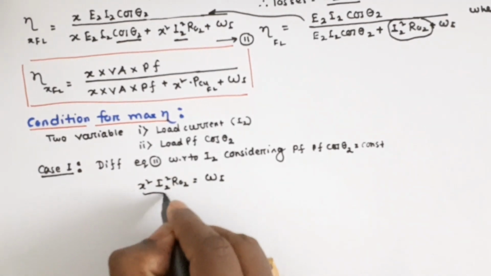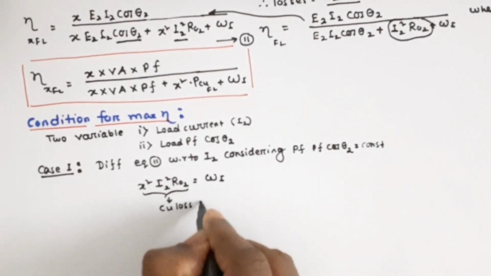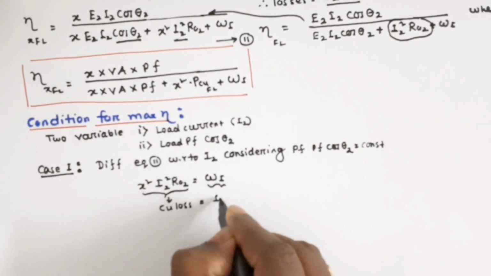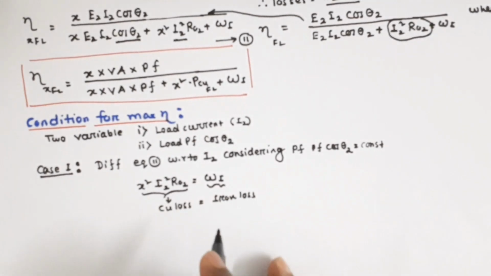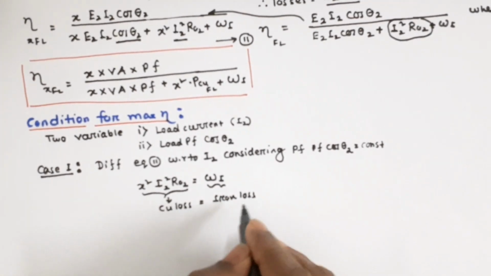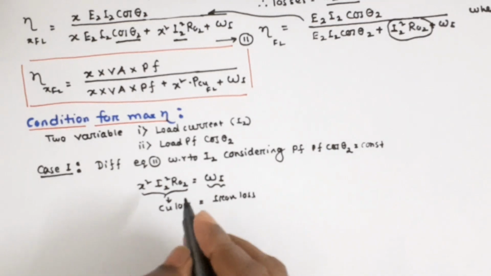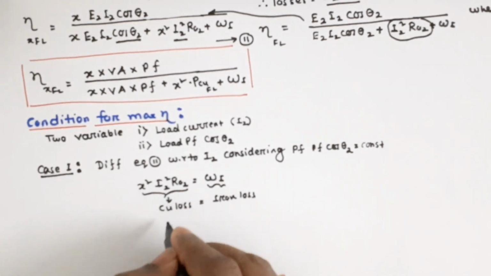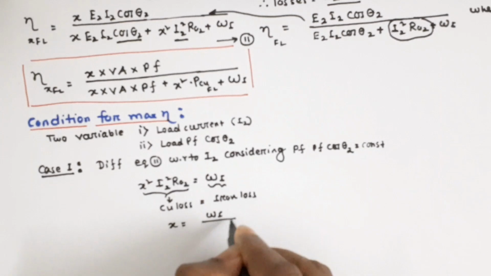Here, this is your copper loss and that is your iron loss. We can say when copper loss is equal to the iron loss, then the maximum efficiency will occur. Again, from here I can write x equal to root over of Wi divided by I2 square R02.